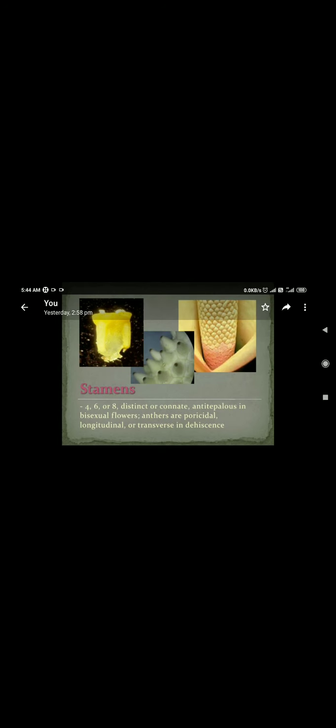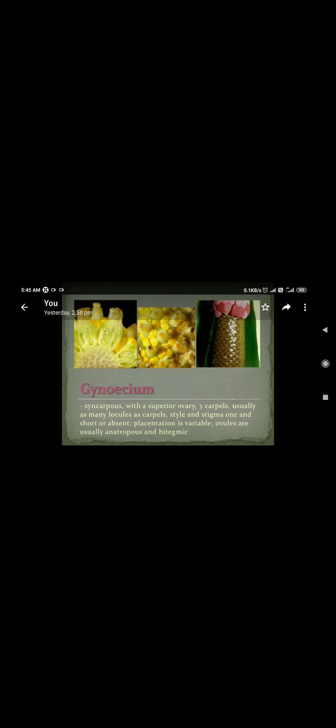Now stamens 4, 6 or 8 in number, distinct or connate, antipetalous, bisexual flower. Anthers are poricidal, longitudinal or transverse in dehiscence when they liberate.